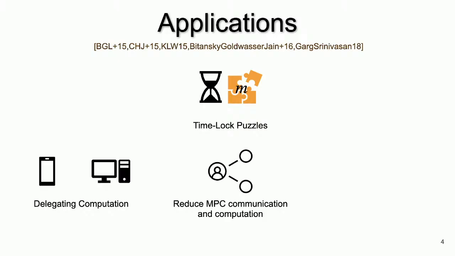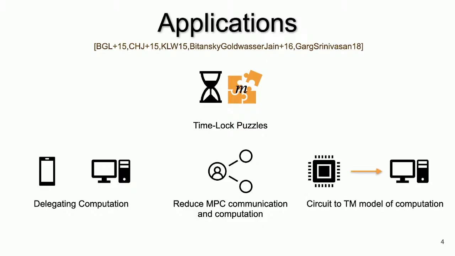That gives you a lot more because your parameters only depend on the running time of encode, so it gives you a lot more communication or computation efficiency. It has also been used in the obfuscation context, to go from obfuscation for circuits to obfuscation for Turing machines. In general, this notion is kind of surprising. I have some slides on how it's related to obfuscation, and we'll get there.